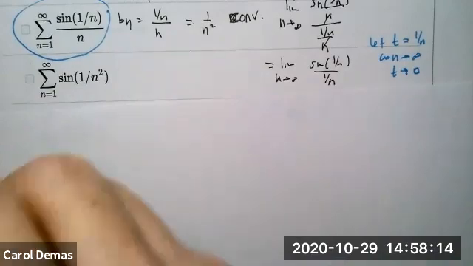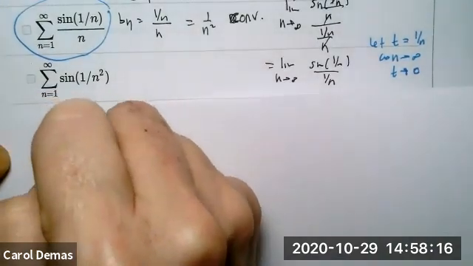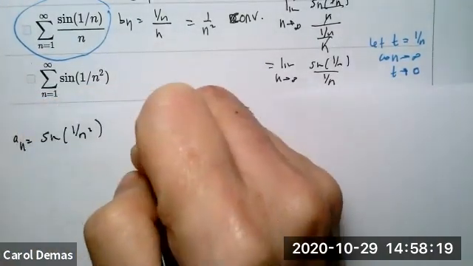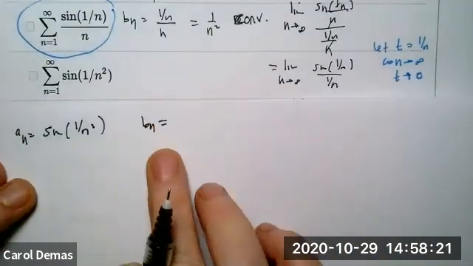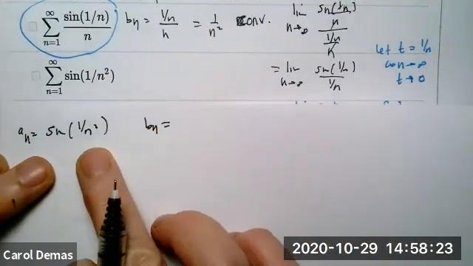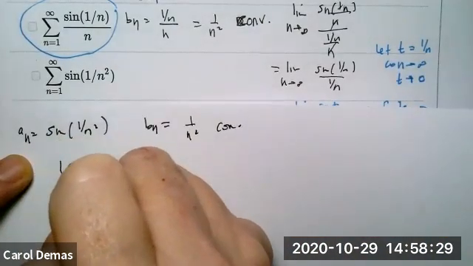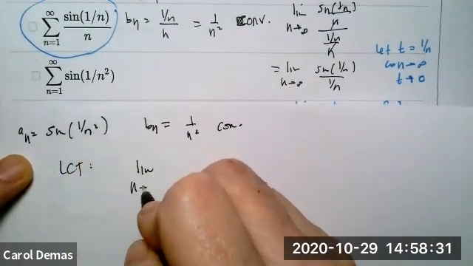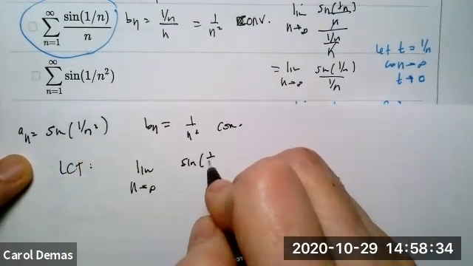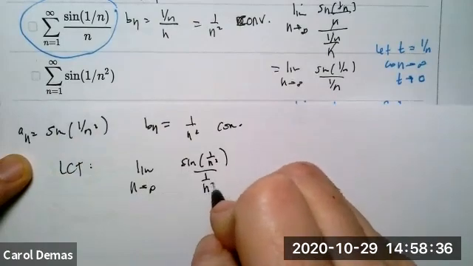Okay, so if we have sine of 1 over n squared, what's bn going to be? 1 over n squared. Right, 1 over n squared, which converges. So we do limit comparison. Sine of 1 over n squared over 1 over n squared.